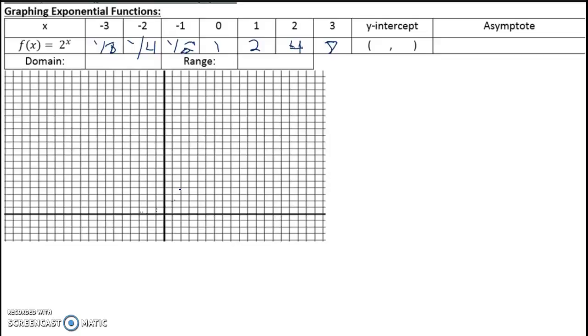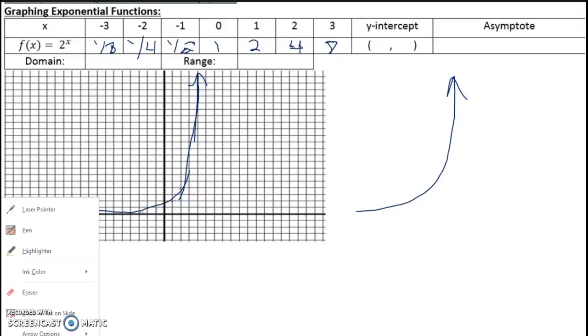And at 3, that's 8. So my exponential function looks like that. If I could draw a smooth curve, because remember exponentials look like that, that should be my smooth curve, right? That's what my curve should look like instead of this higgledy-piggledy mess over here.